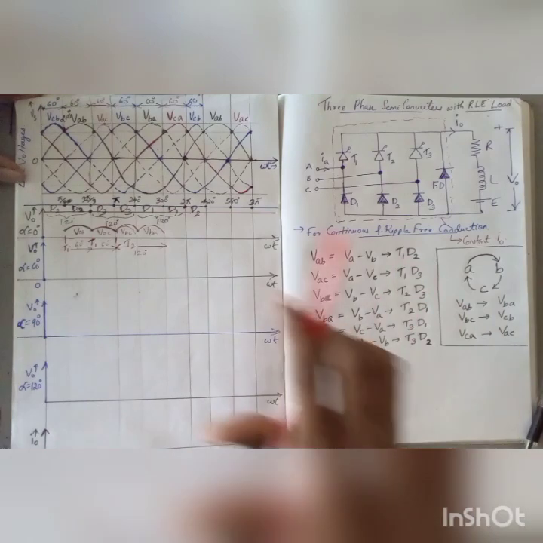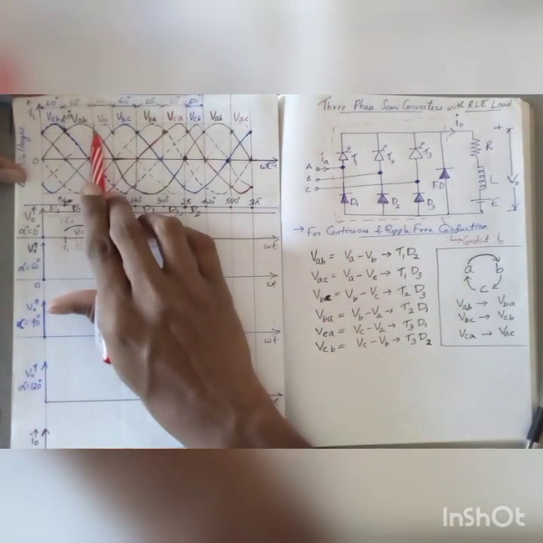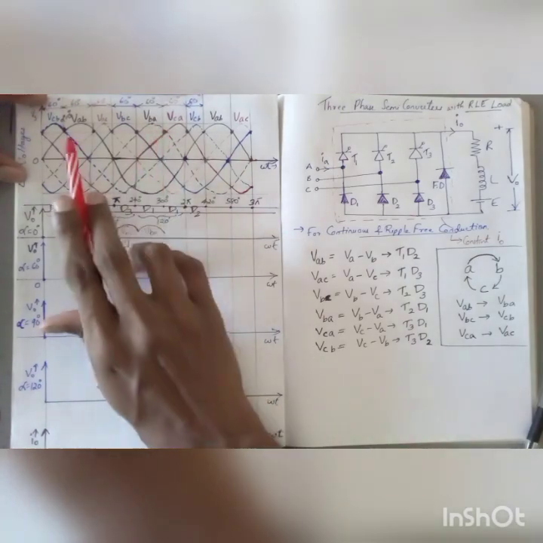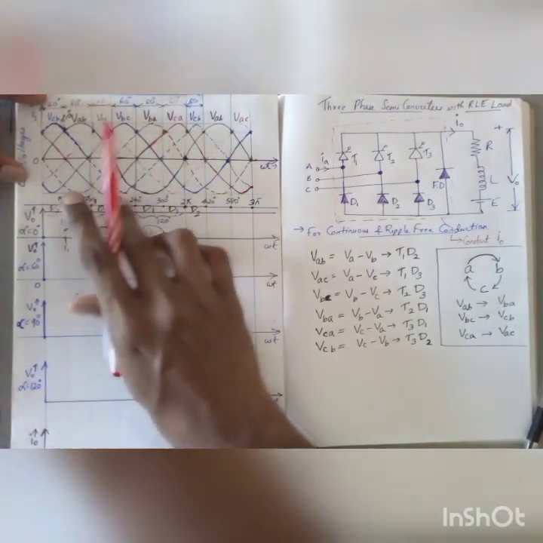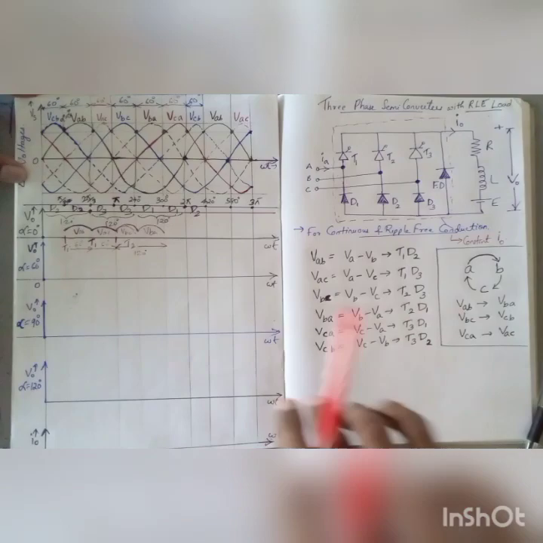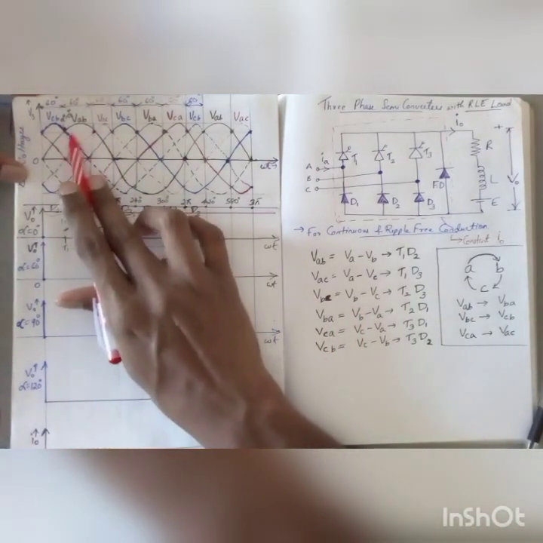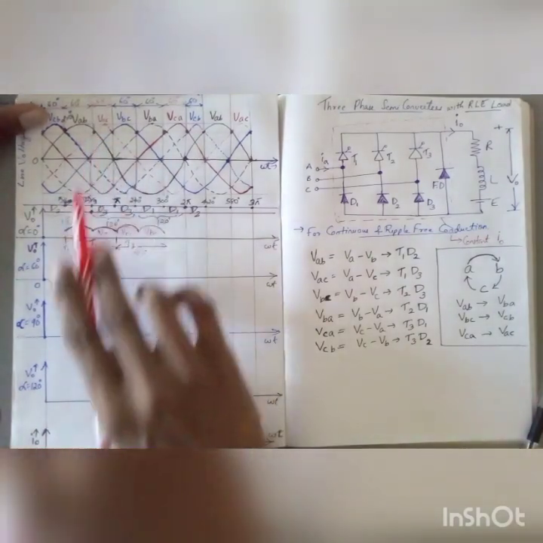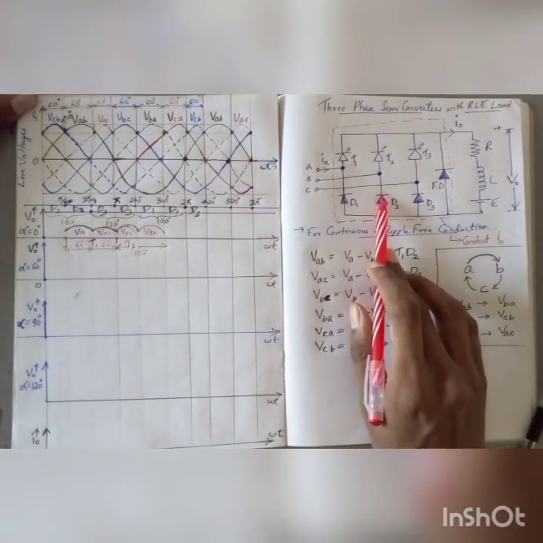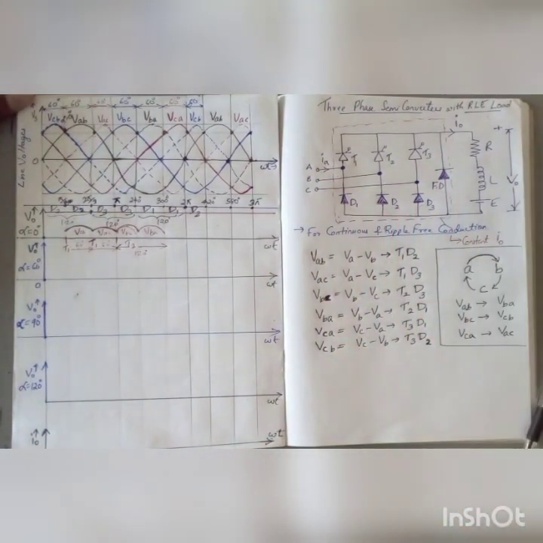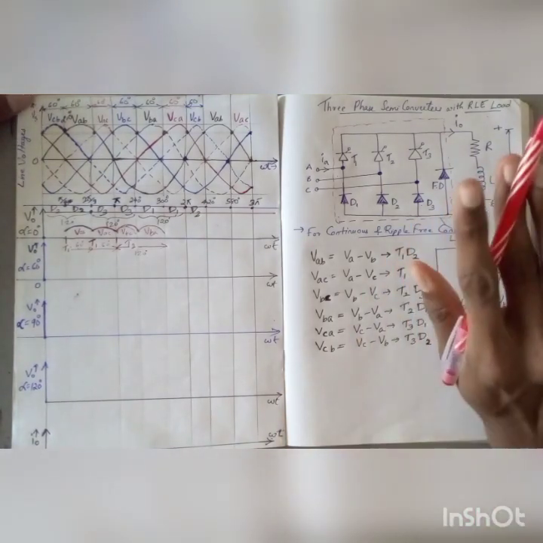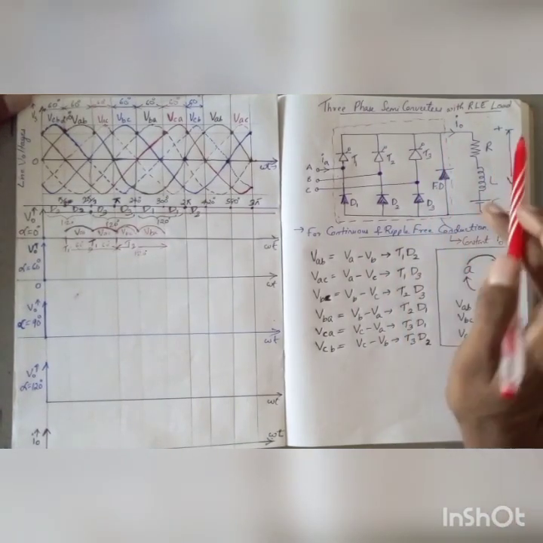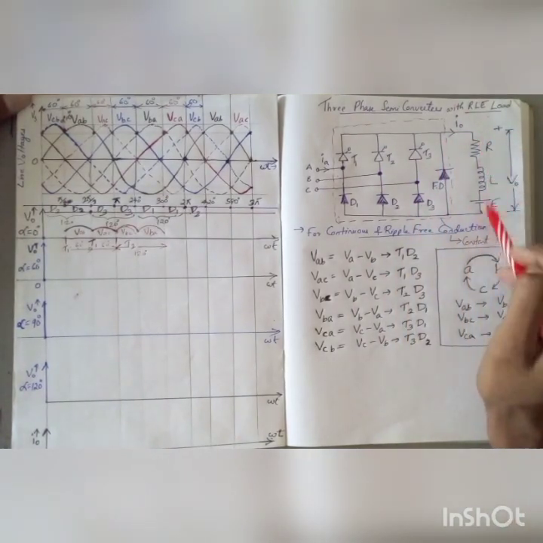Just keep in mind, whichever is the highest voltage during a particular omega t, that thyristor and that diode will be under forward state. So during VAB, thyristor T1 is generally in forward blocking mode, and VAB means D2 will be in conducting state. It is all about the triggering of the thyristor that will decide which voltage appears across my V0.